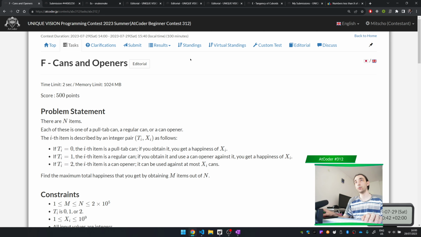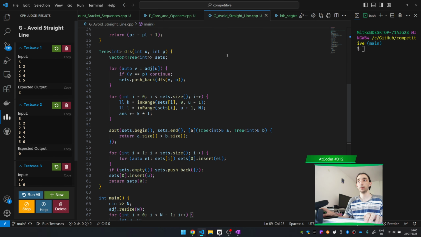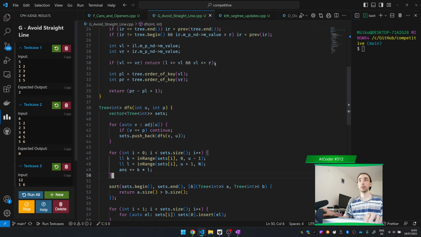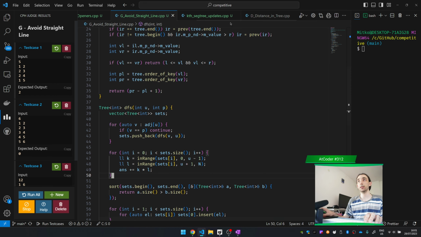Of course, G, I won't comment a lot on G. I had 4 different solutions, and I started writing this solution with merging smallest to biggest, but apparently it has a way easier solution and doesn't require these complex ordered set data structures that I'm using here.